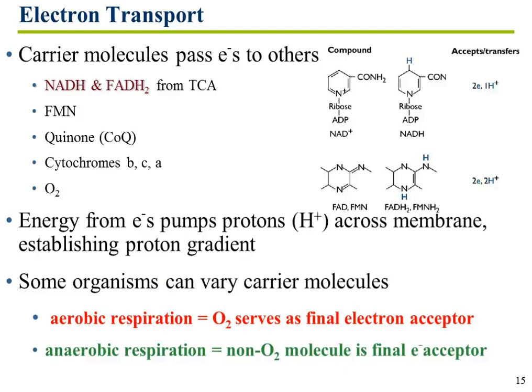Now, look in red at this line next to the bottom, one up above the bottom. Aerobic respiration is where the oxygen molecule serves as a final electron acceptor. If any other non-oxygen molecule is used, for example, it could be a nitrogen compound like nitrate or nitrite, NO3 or NO2.